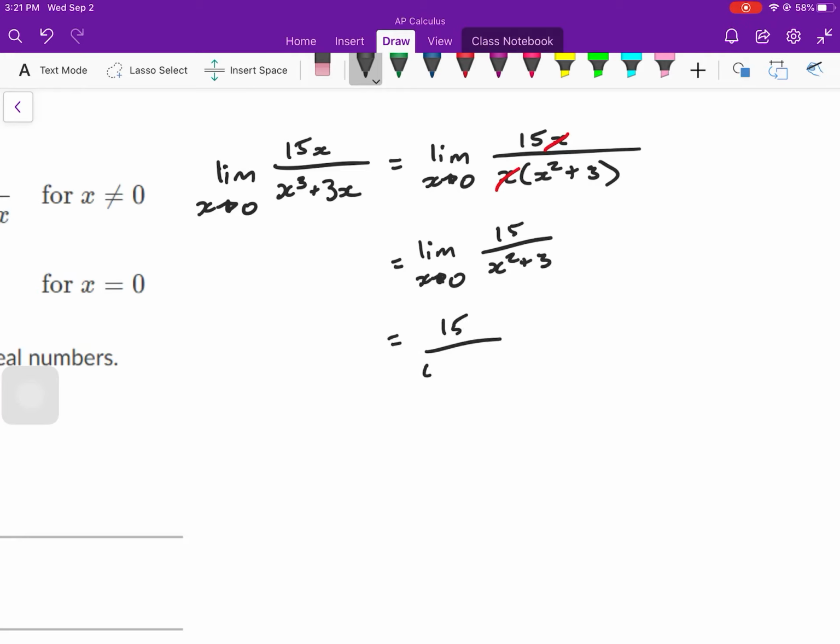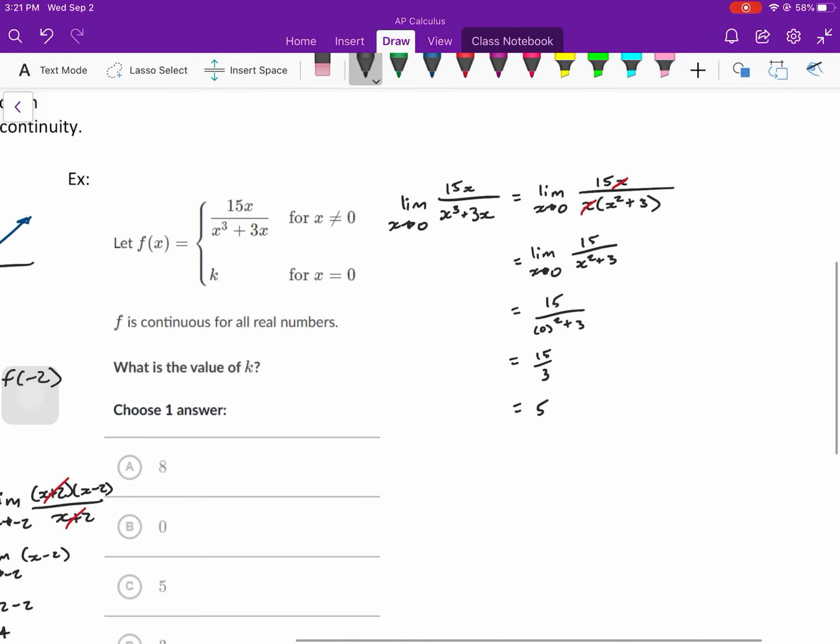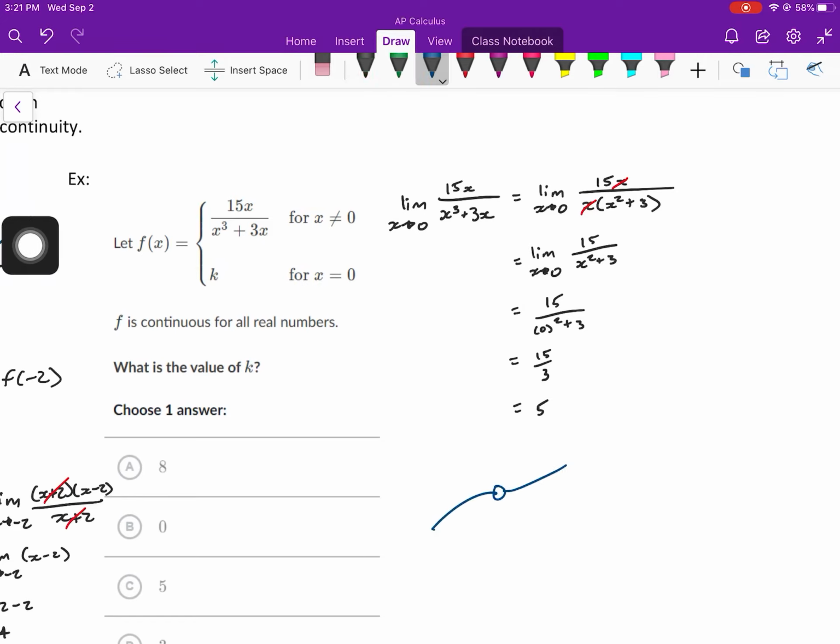Plug it in. And I get that the limit is 5. So that means that the function will need to equal 5 in order for it to be continuous. That way the limit, what it's approaching, will be the same as the function.